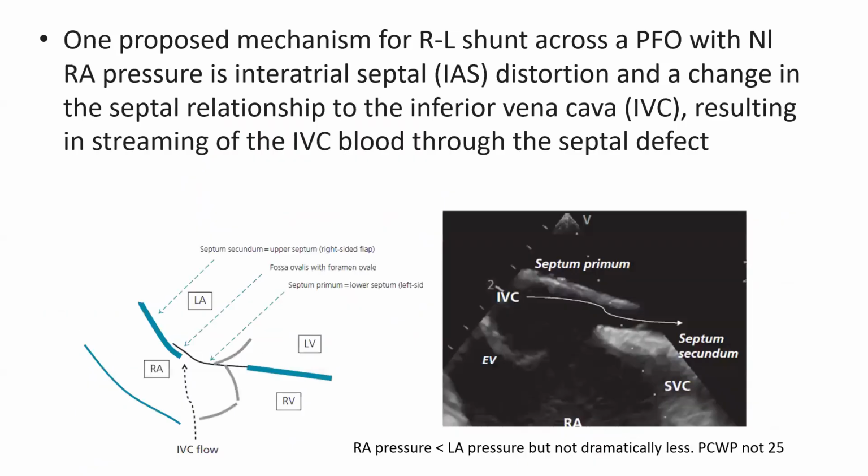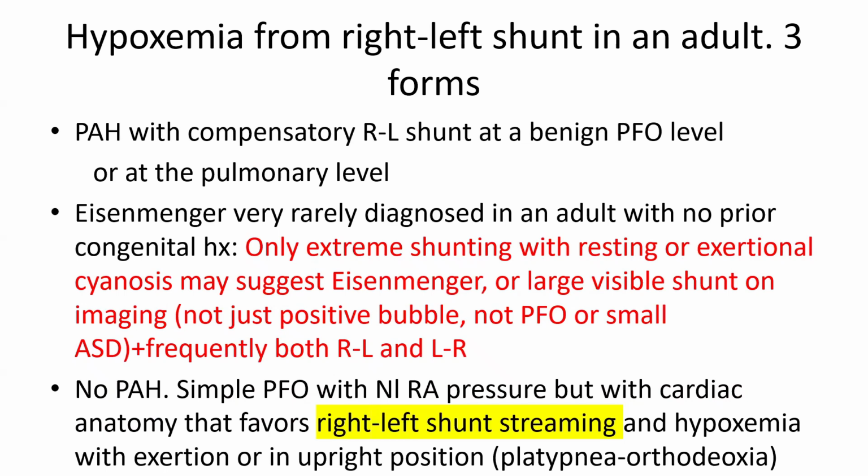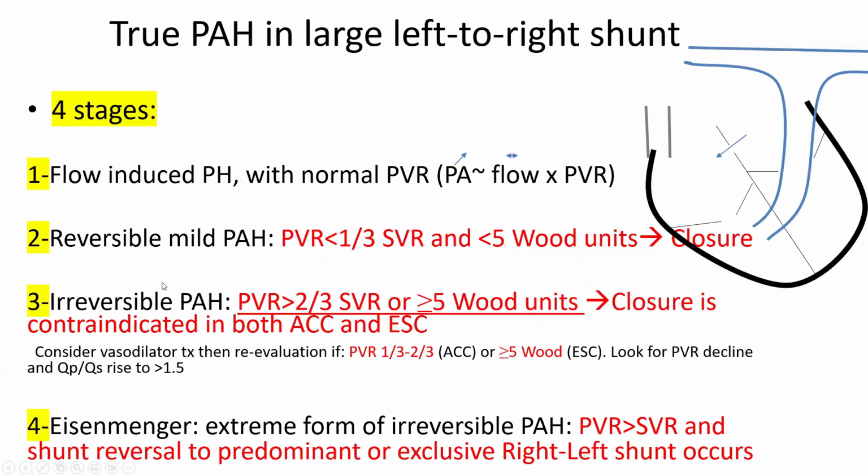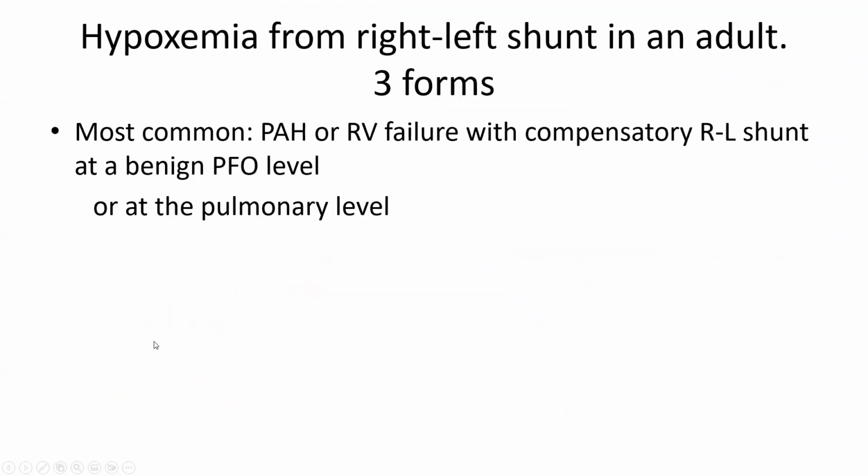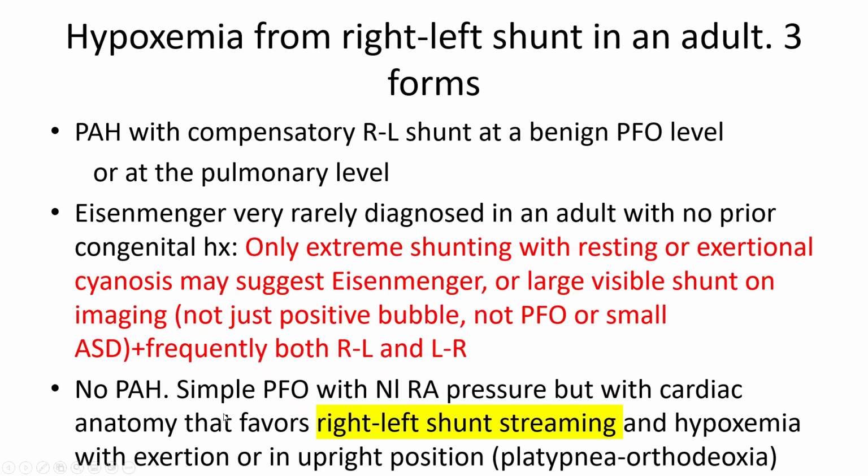So I hope you understood those three forms of right to left shunt in the adult. The most common one, PAH with compensatory right to left shunt. Less common, very uncommon, Eisenmenger or irreversible PAH with a changing of the shunt to right to left or bidirectional shunt. And the third one is the keyword, the right to left shunt streaming across a simple PFO.